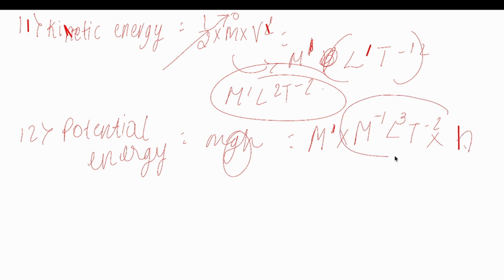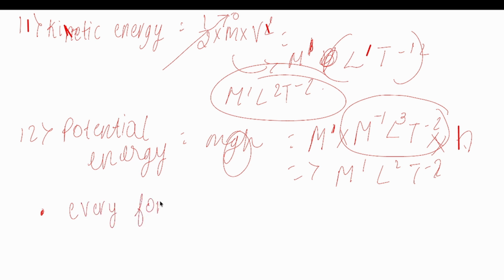The formula of gravity, we'll learn in the chapter gravitation, so no worries on that. Now let's calculate the dimensional formula of this, which again turns out to be M power 1, L power 2, T power minus 2.